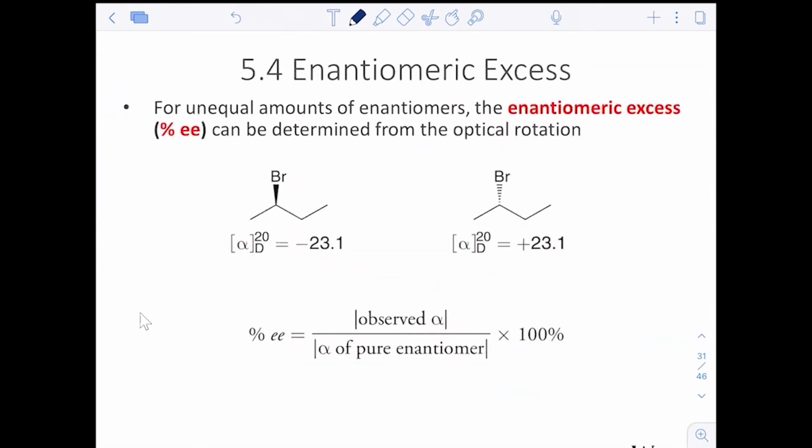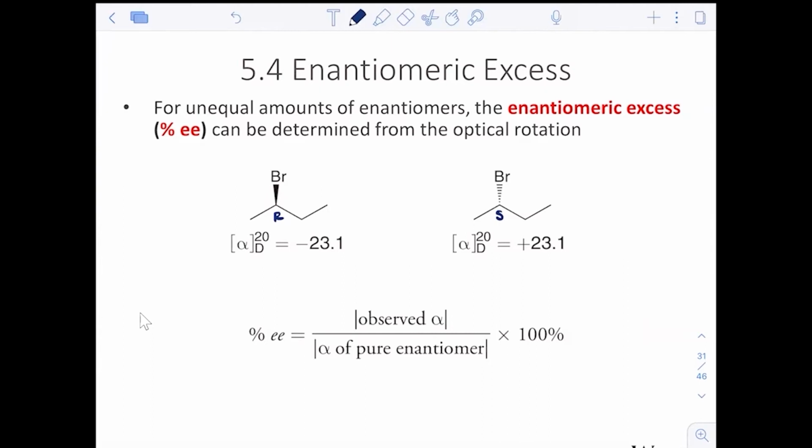For unequal amounts of enantiomers, the enantiomeric excess, the percent EE, can be determined from the optical rotation observed in the lab. So if you were trying to make 2-bromobutane and you wanted to see how much R and how much S you actually made, you would take your sample at the end of the day and stick it in a polarimeter.